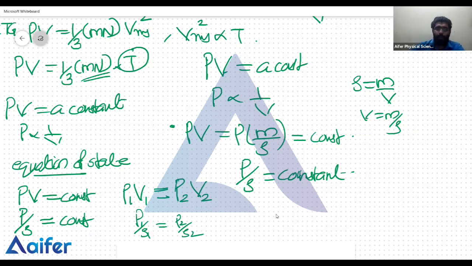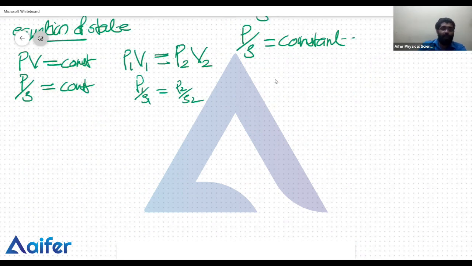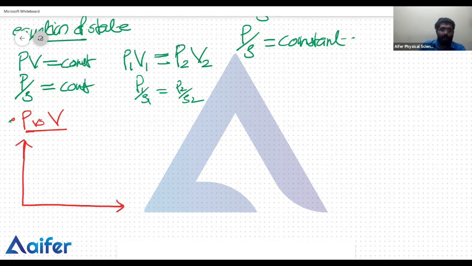Okay, now we are interested in the graph. What would be the graph of P versus V? P is inversely related to V, right? Therefore, the graph of P against V, drawn at a given temperature, will go like this. What happens if temperature changes?